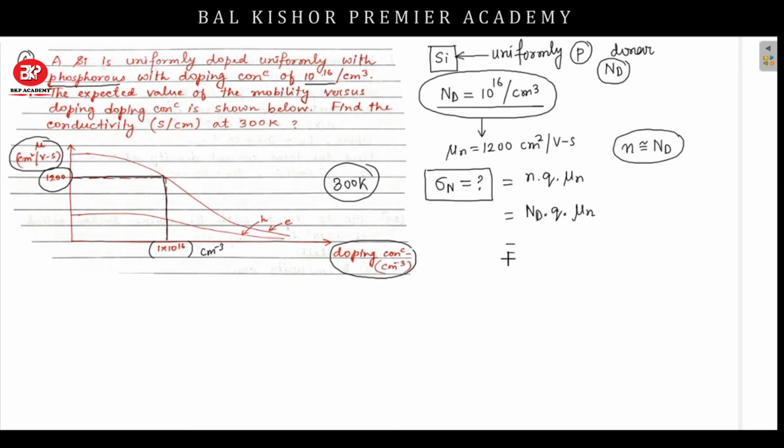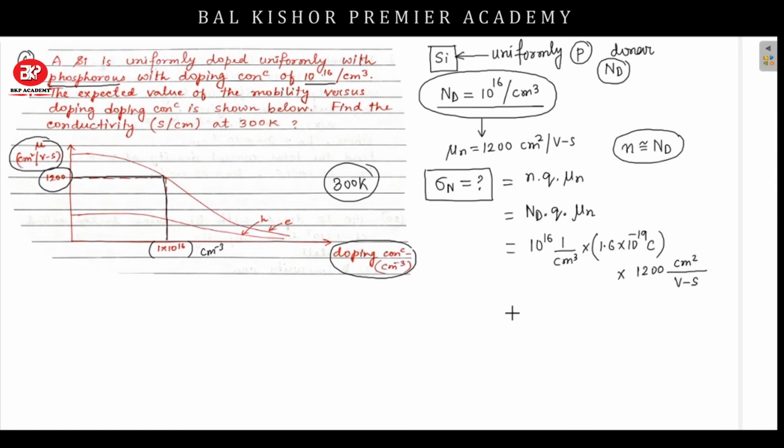Nd value is given as 10 to the power 16 per centimeter cube. The q value is given as 1.6 into 10 to the power minus 19 coulomb, and the mu n value, which we have found from the graph, is 1200 centimeter square per volt second.